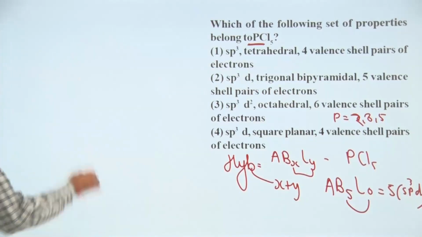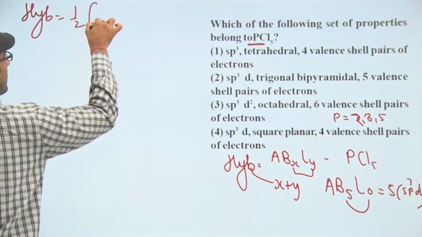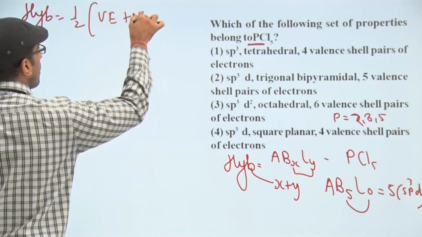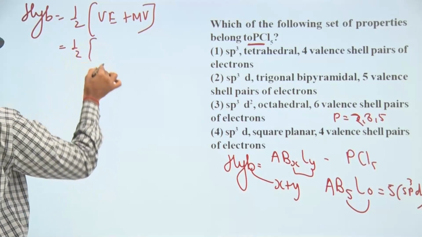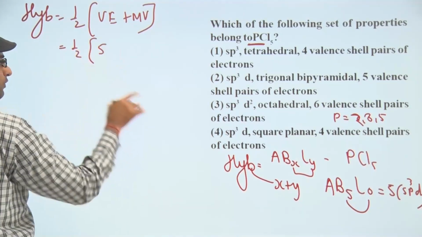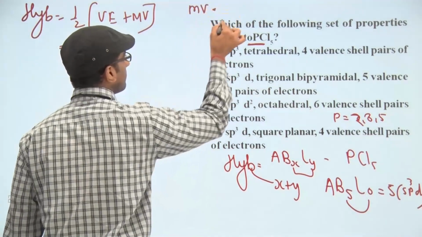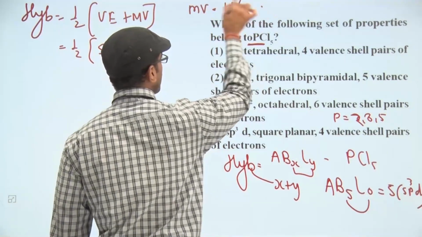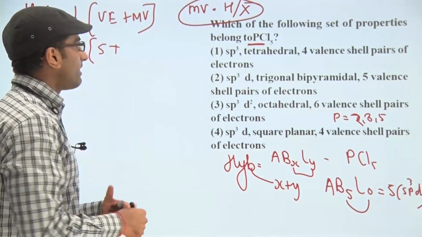We are having one more technique, that is hybridization equals to 1/2 valence electron plus monovalent atom. So valence electron are 5 for the phosphorus, and monovalent atom are either hydrogen or halogen. Monovalent, one valency, mono for the one, valent for the valency.